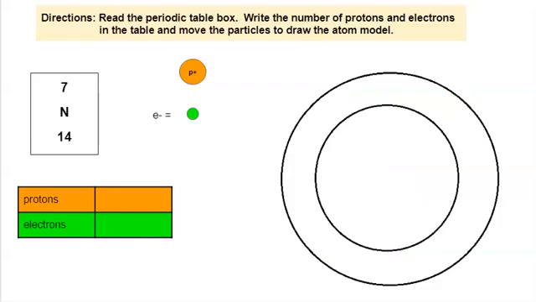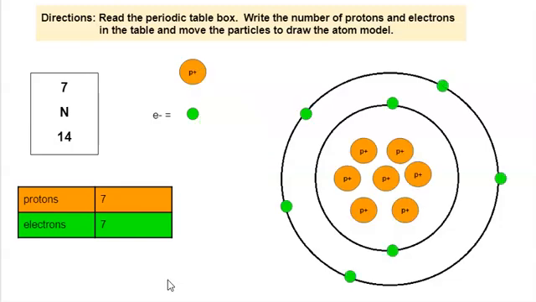All right, so let's take a look at nitrogen. Nitrogen should have 7 protons and 7 electrons. Let's copy and paste our protons. Take a minute and set up yours. Pause the video and check your answer.